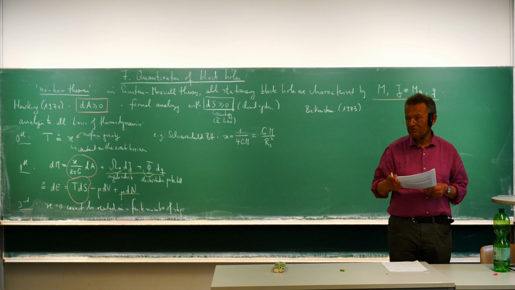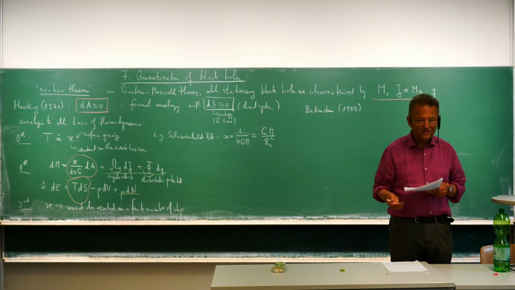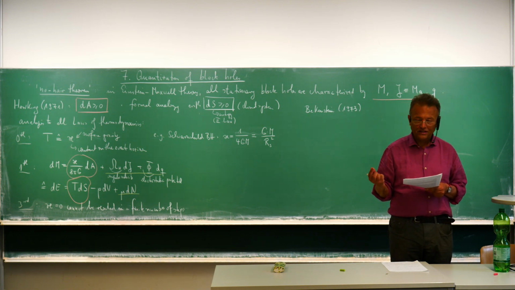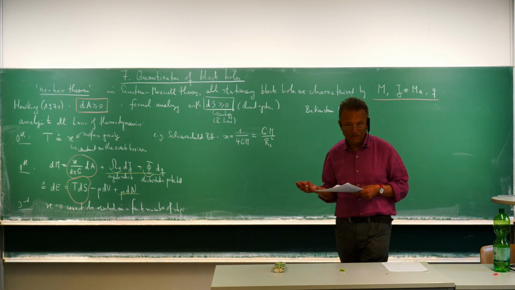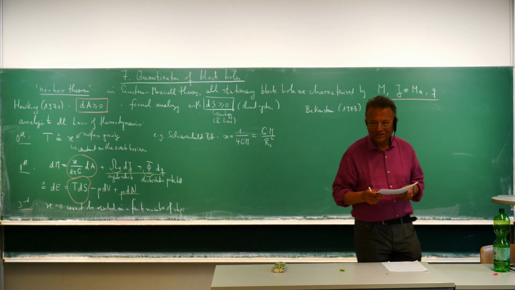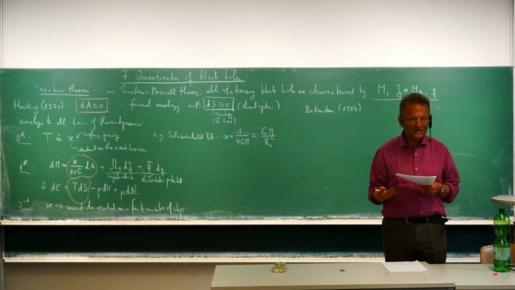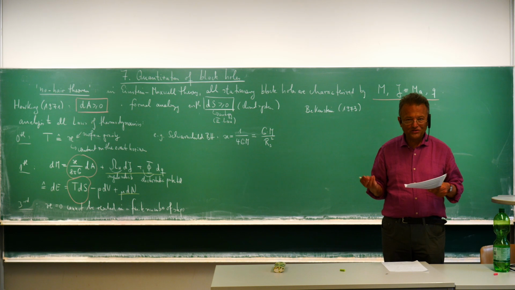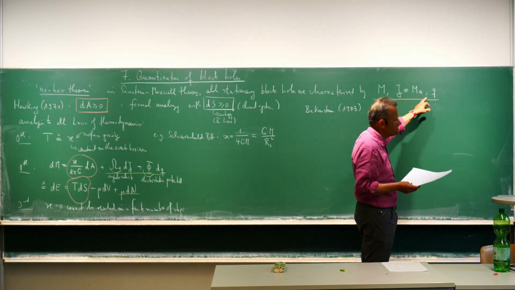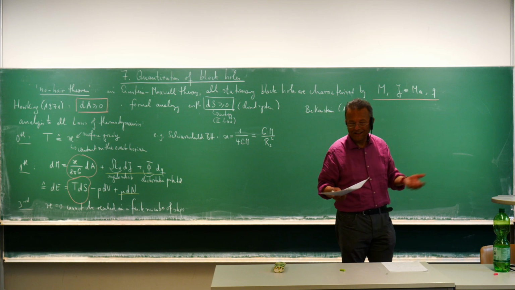So why? Well, the reasoning was the following. John Wheeler asked him, okay, what happens when a cup of tea is thrown into a black hole? The cup of tea has a certain entropy, which you calculate maybe in an experimental physics 1 course, and when you throw it away, there's no sign left of it. I mean, the black hole just has these three numbers, and there is no entropy or temperature.